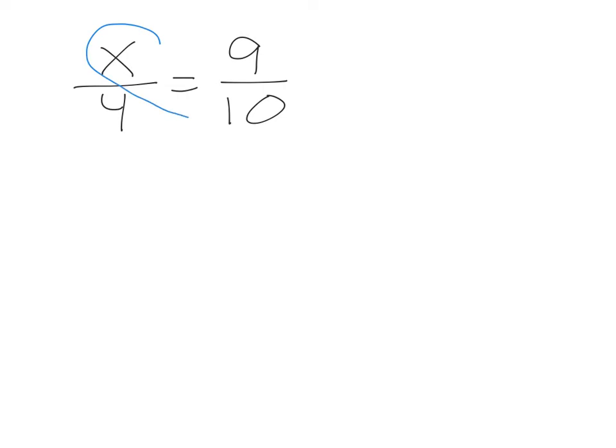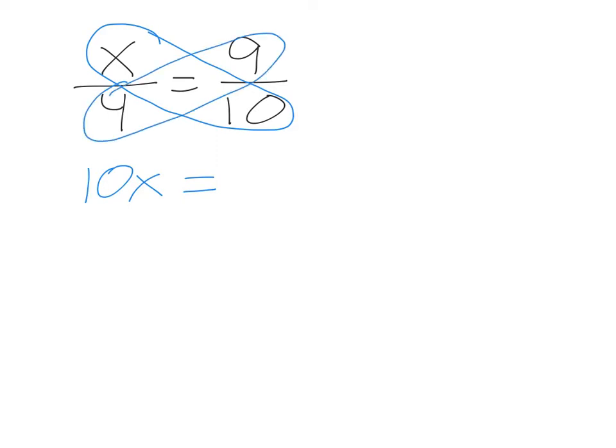So where does the whole cross products concept come in handy? Well, let's say I gave you x over 4 equals 9 over 10. And I said find x. And these two ratios are equal because I'm telling you they're equal and I'm telling you they make a proportion. So if I was to cross multiply, I would get 10x equals 4 times 9, which is 36.